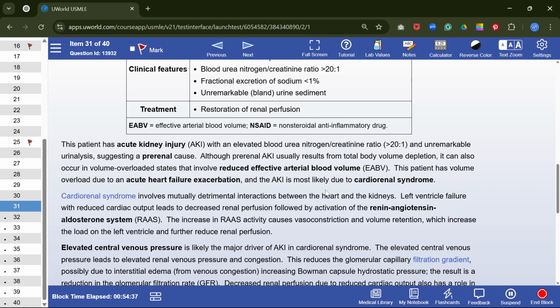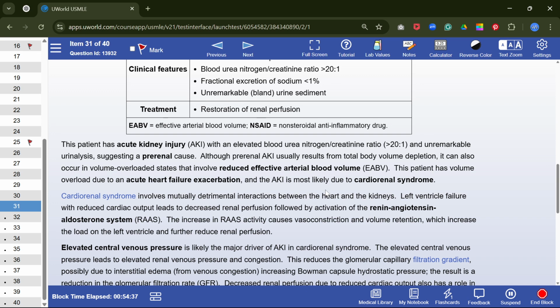Okay, this patient with AKI with elevated BUN creatinine ratio of 20:1 and unremarkable urinalysis suggests a pre-renal cause.